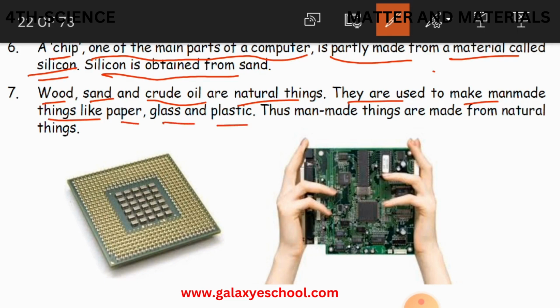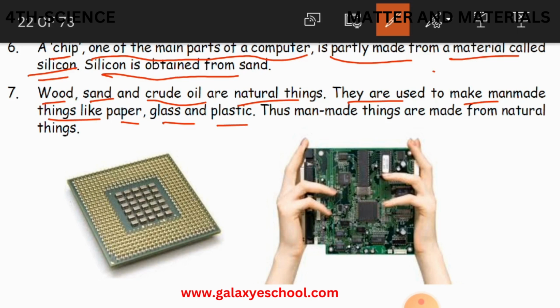So these natural things are used by man to make some man-made things. From wood we make paper, and we will also make glass. With sand we are making silicon, and we are also making plastic with some chemicals.